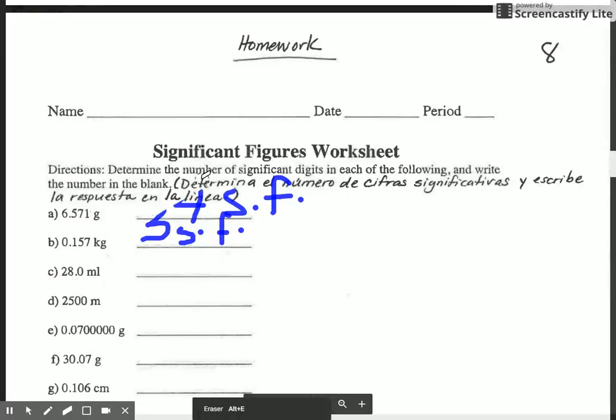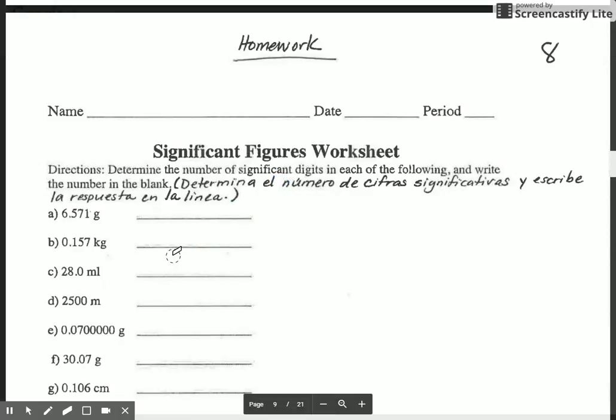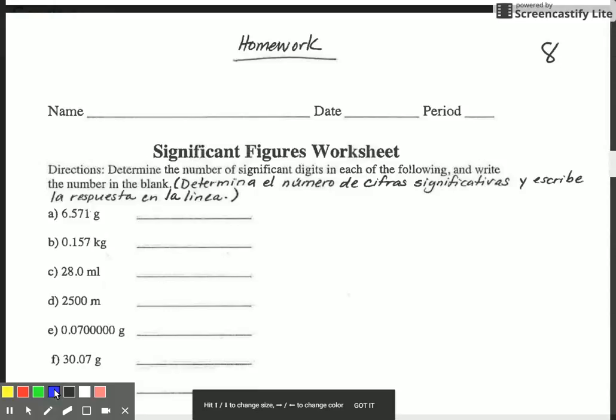Then if you look at letter C, let me erase this because the space is so small in my computer. If you look at letter C, you have 28.0. Now, one of the rules says that zeros are only going to be significant if there is the presence of a decimal point. So you have 28.